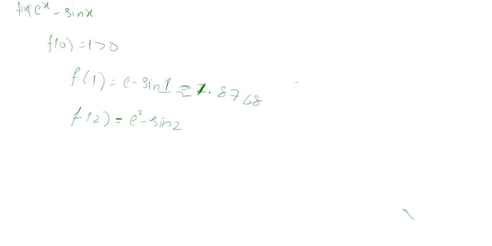We need to check the values of x such that e to the power x minus sine x is less than 0, meaning e to the power x is less than sine x. So you need to choose carefully and apply the bisection method for the same. I will try to provide the solution in the next lecture.